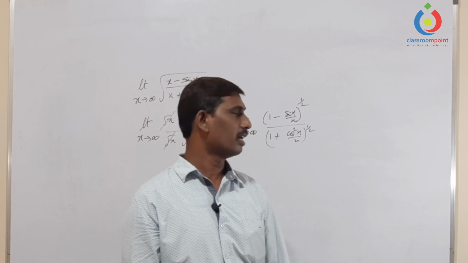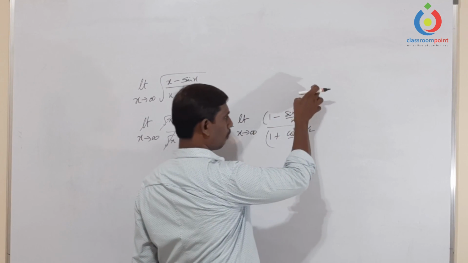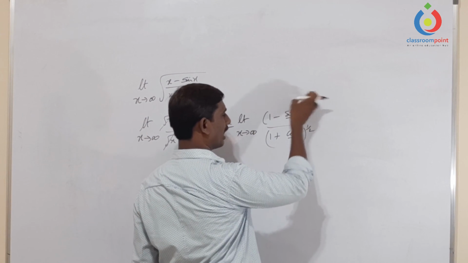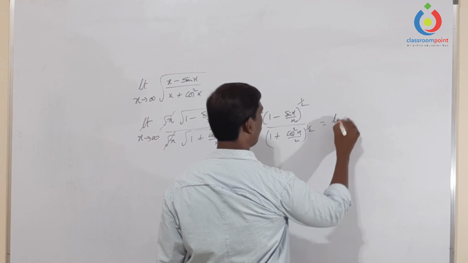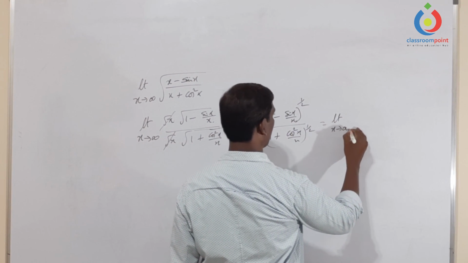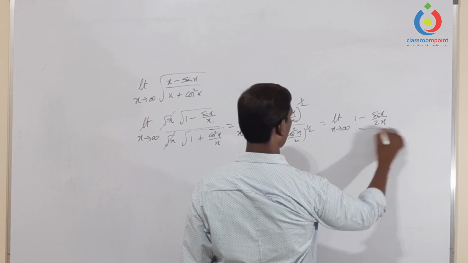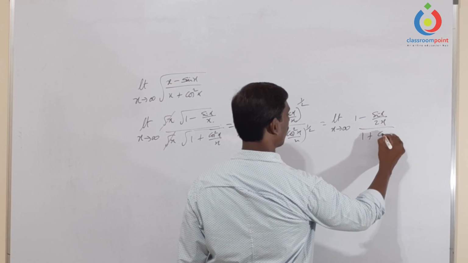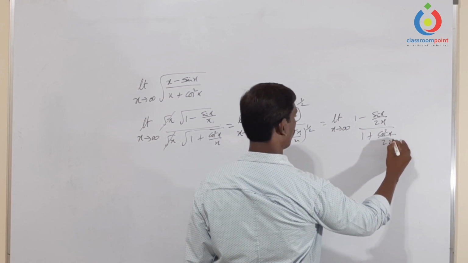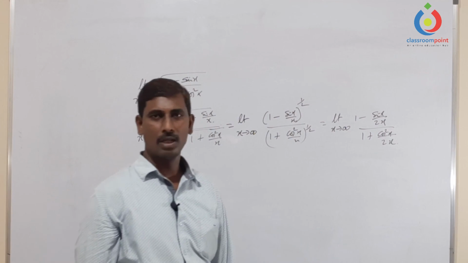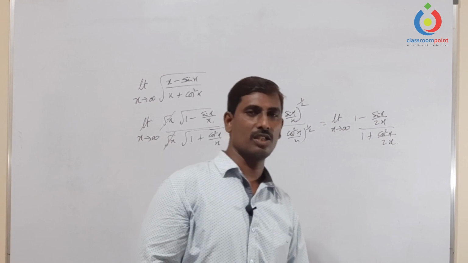Binomial expansion I said. What is the binomial expansion? Whatever power value we have, write it down here. Then limit x tends to infinity of 1 minus sin x by 2x over 1 plus cos square x by 2x. Then apply the values, then simplify.